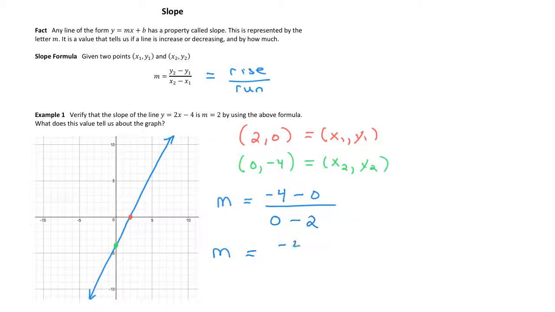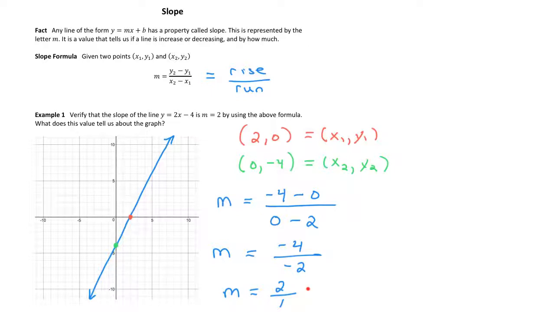The top is negative 4, the bottom is negative 2. Dividing two negative numbers is positive, in this case positive 2, and if you'd like, you could even leave it as 2 over 1. So, okay, that's good. This formula gave us 2, which matches up with the number that appeared right here. So everything that we've defined is true.